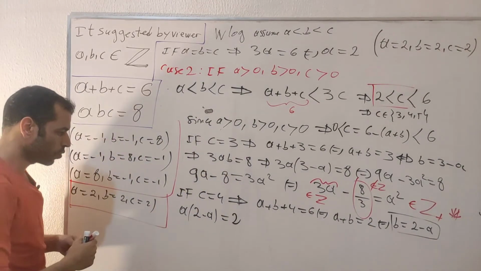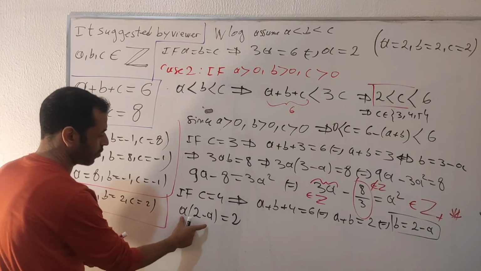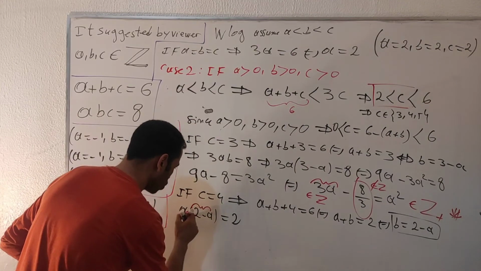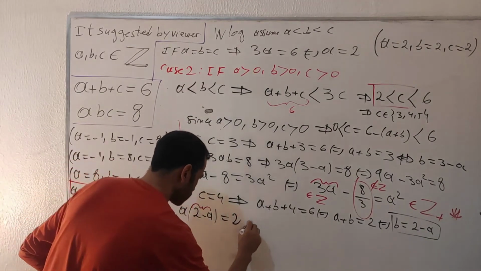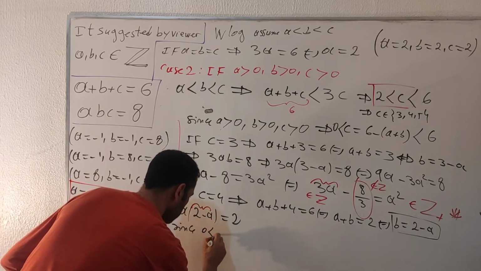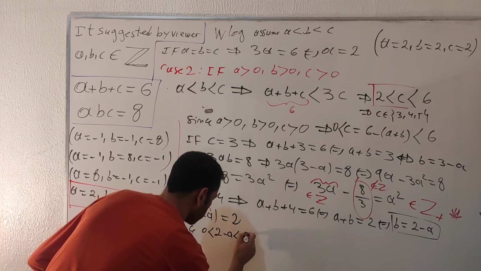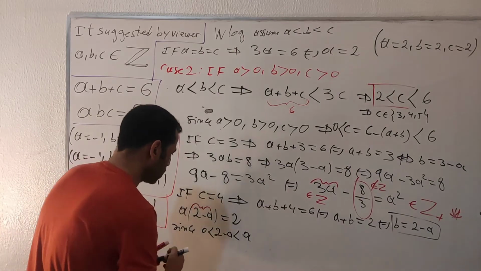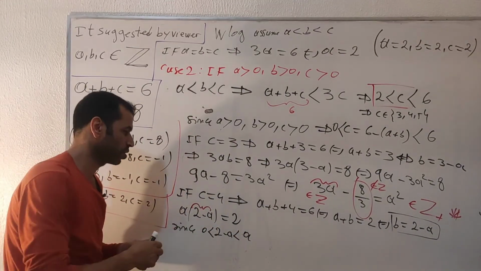So if you take a look at the left hand side of this equation, this term is strictly inferior than A, since 0 is strictly inferior than 2 minus A, strictly inferior than A. Which means this one is taking the small value, this one is taking the big value.